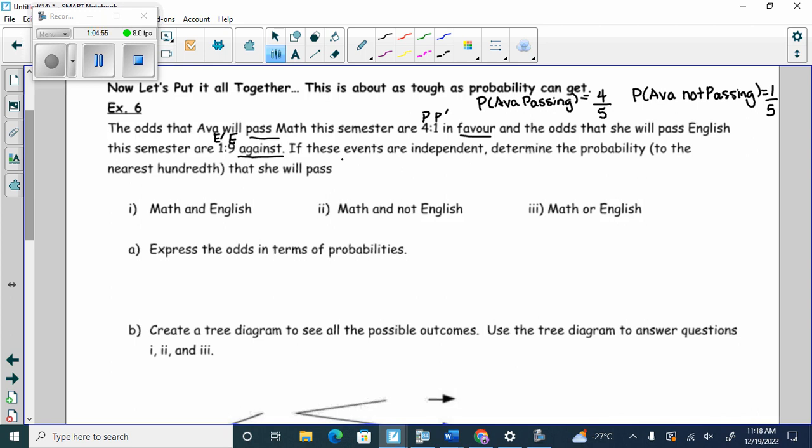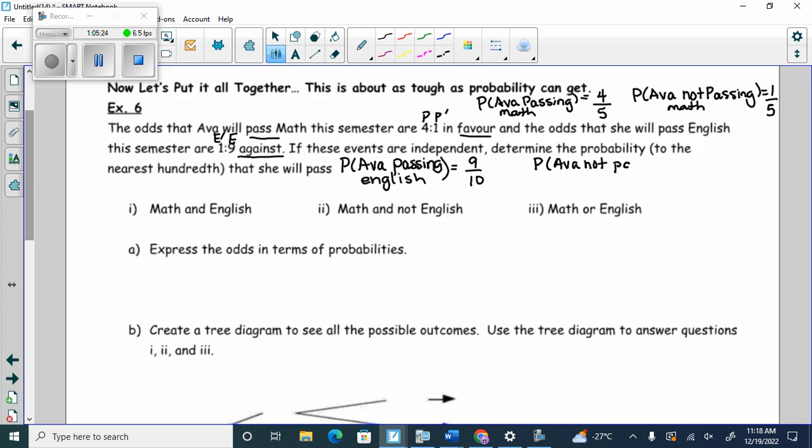So the probability Ava will pass English, but I guess it should say math, would be 9 out of what? 9 out of 10. And what about the probability of Ava not passing?